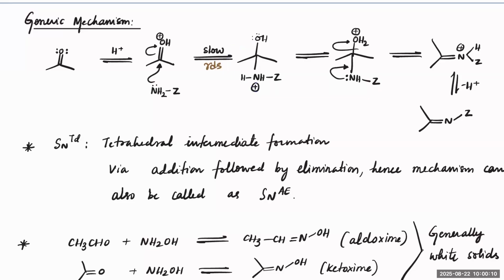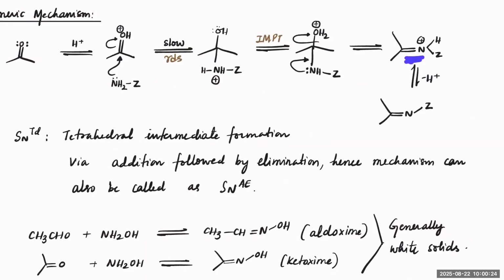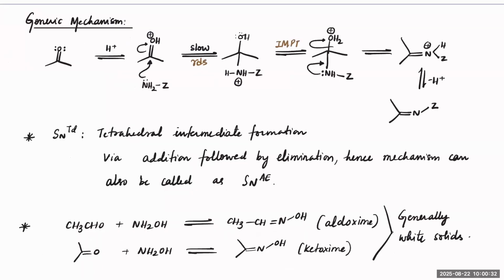This is called intramolecular proton transfer, by which you will get OH2 plus. And nitrogen's lone pair will push so that OH2, as a good leaving group, will leave the molecule, and you will get this form. And from here, H plus will be shed off, converting into a C double bond N form. Done. This is the same mechanism with all of them. Clear?